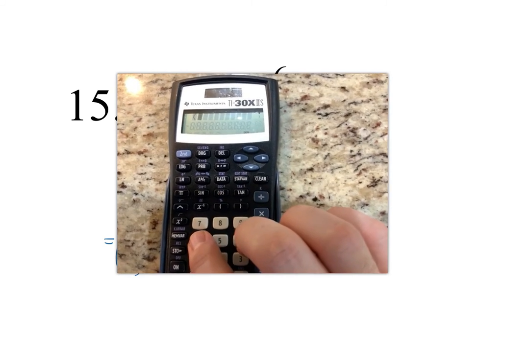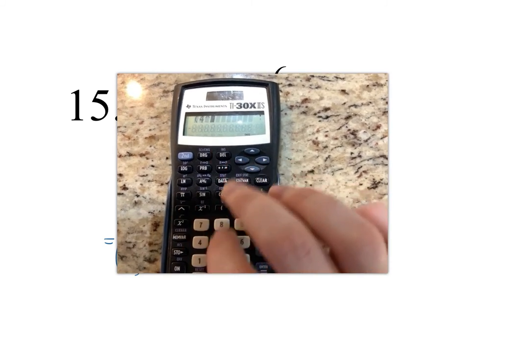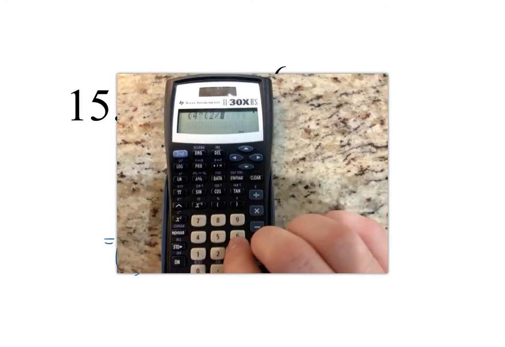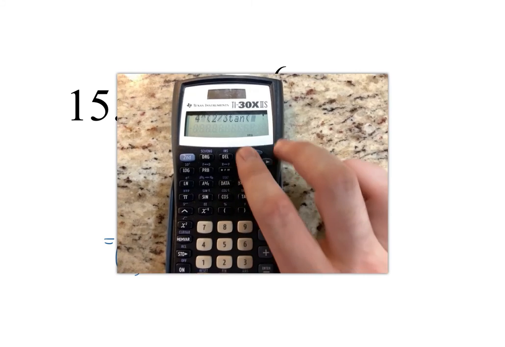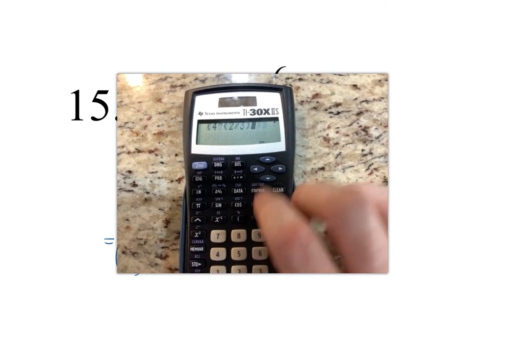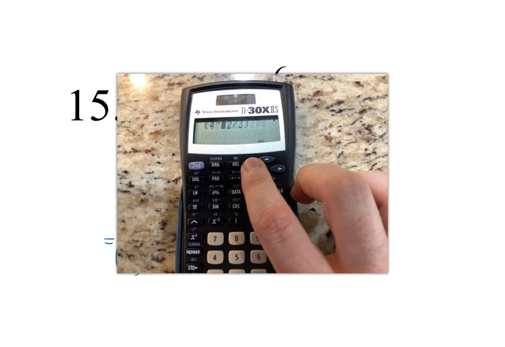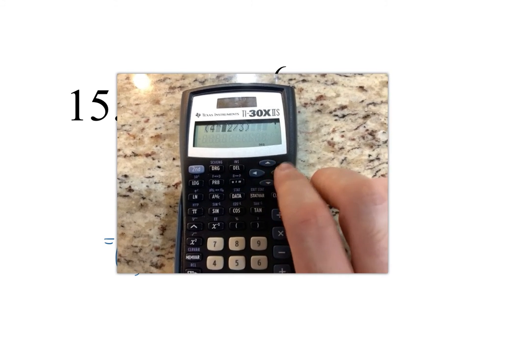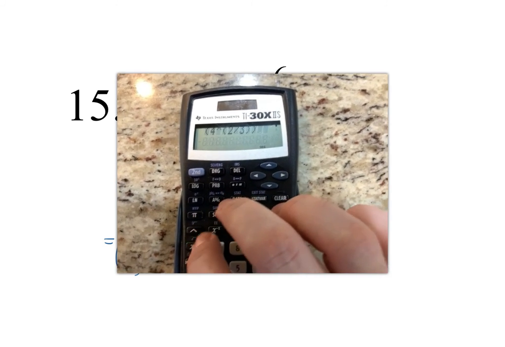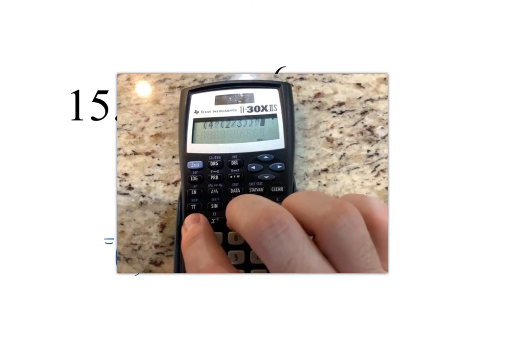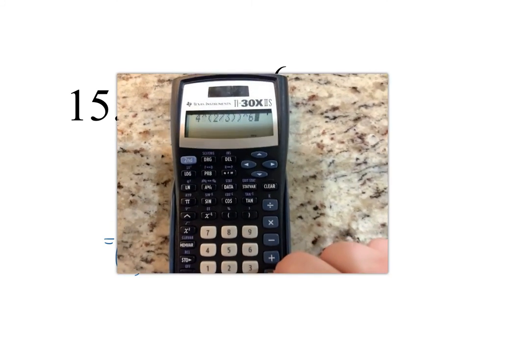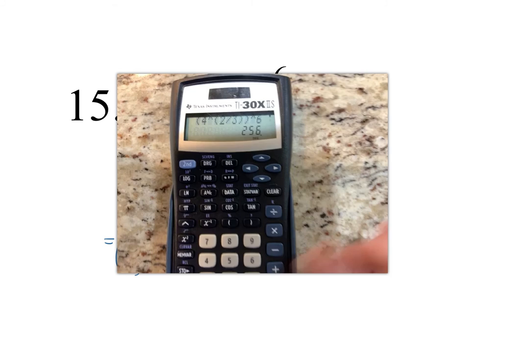So I'm going to say 4 to the power of 2/3. Close your parentheses. And then notice I have opened a parenthesis here and here, so I need to close it twice. And then raise that to the power of 6. 256.